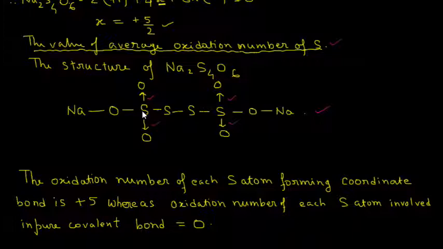So the oxidation number of each S atom forming coordinate bonds is +5, whereas the oxidation number of each S atom involved in covalent bonds is 0.